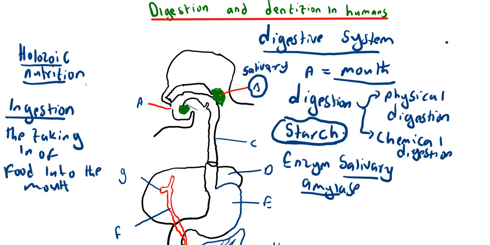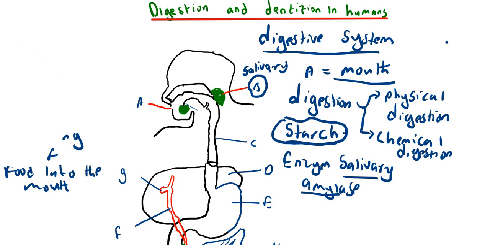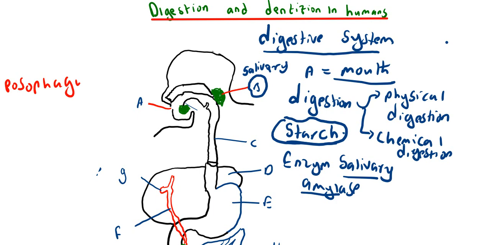We can now go straight to C. What is C? C is basically the esophagus. In the esophagus you're going to observe the wavy-like motion of food.